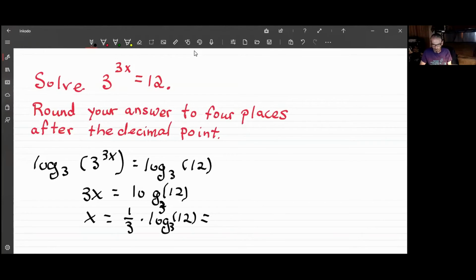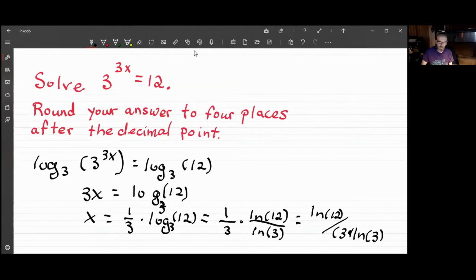Applying the change of base formula. The way I'm going to have to put this into the calculator is with multiplication that's in the denominator inside parentheses. I'll get you the decimal approximation here in a moment.